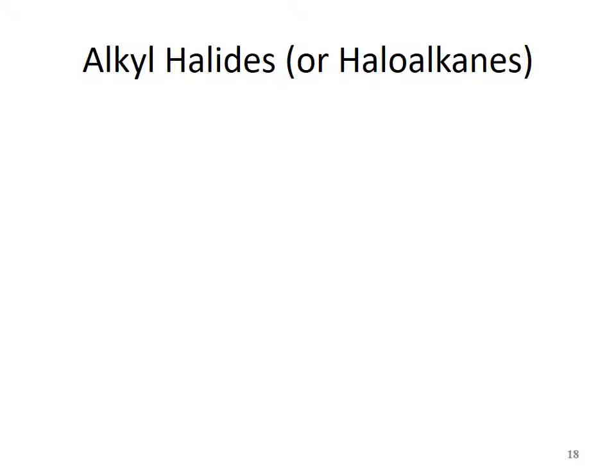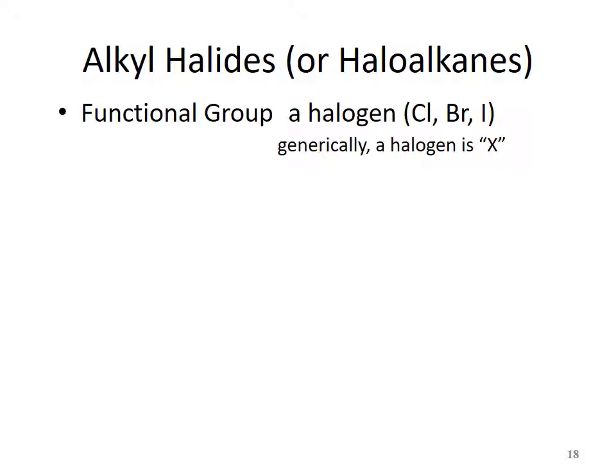Alkyl halides, this is also very apropos, where the functional group is a halogen, such as chloride, bromide, iodide, or very commonly fluoride. You will see either the specific halogen given, or anytime you see X, that means it's a halogen, universally.